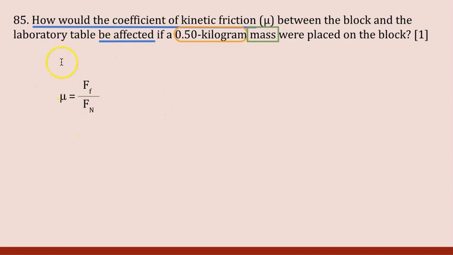So I started by writing this formula because I think this might be something that is a common misconception. So you might want to use this formula to see what would happen if I changed the mass. If I added more mass, that would affect my normal force. It would be a bigger normal force. And that might make you think that the coefficient of friction will be affected in some way.